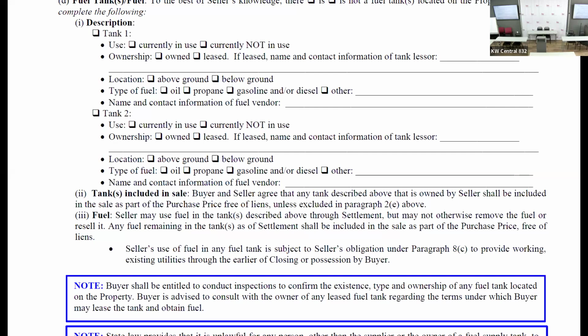We had one come up this week with an old school agent, and they created an invoice for $500 to the buyer for the fuel that was in the propane tank. The agent asked, can they do that?